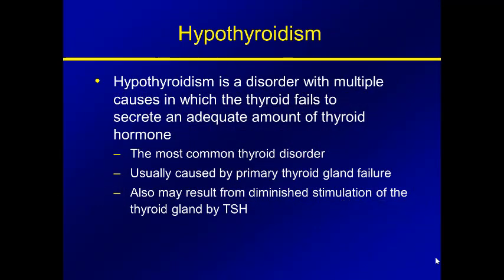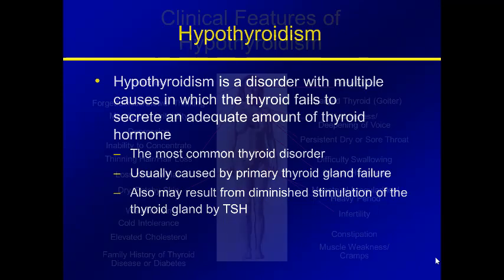Hypothyroidism we can define as a disorder with multiple causes in which the thyroid fails to secrete an adequate amount of thyroid hormone. It is the most common thyroid disorder, usually caused by primary thyroid gland failure, and also may result from diminished stimulation of the thyroid. So the gland itself may be a primary failure or secondary failure.